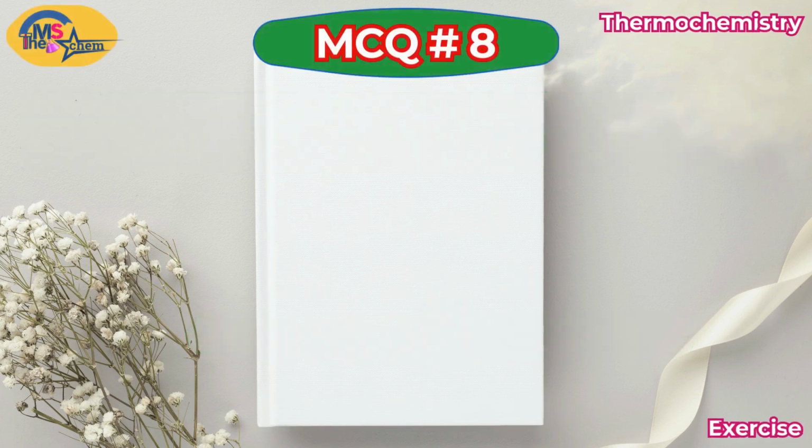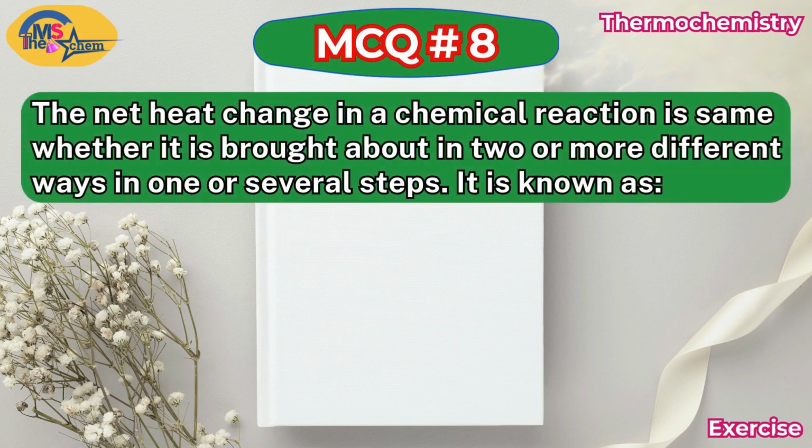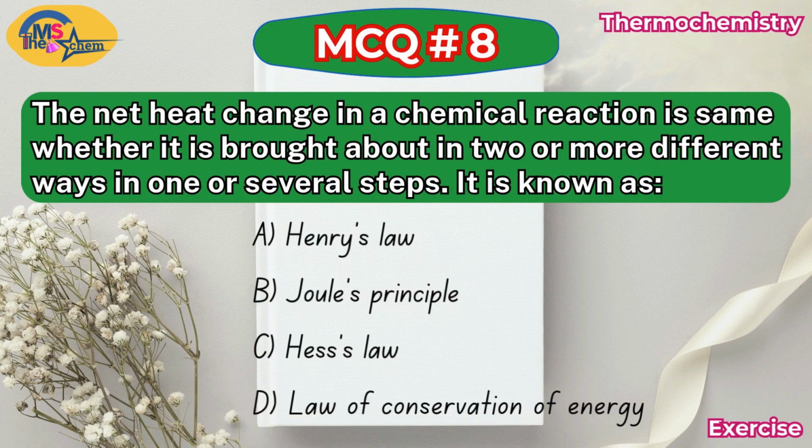And now question 8 is, the net heat change in a chemical reaction is the same whether it is brought about in two or more different ways, in one or several steps. It is known as, option A is Henry's law, option B is Joule's principle, option C is Hess's law, and option D is law of conservation of energy.